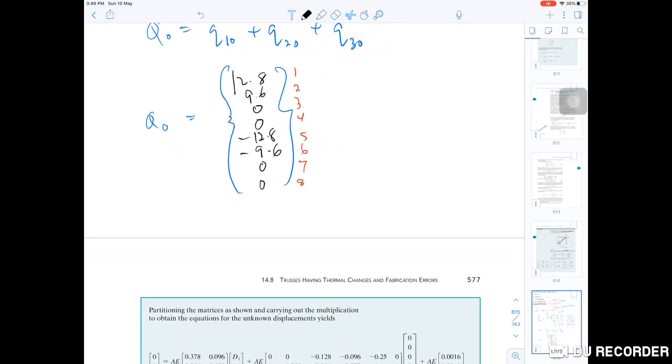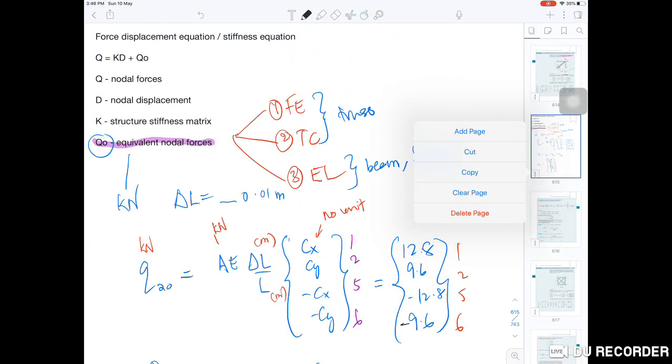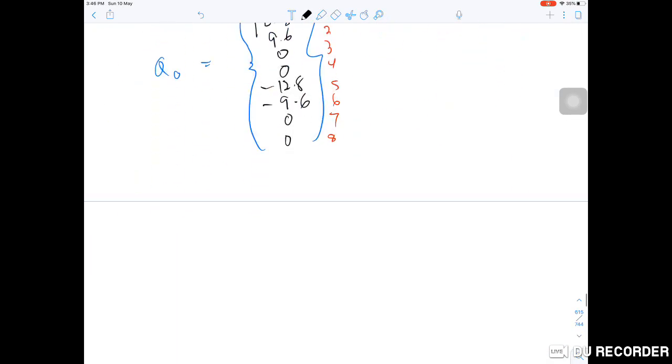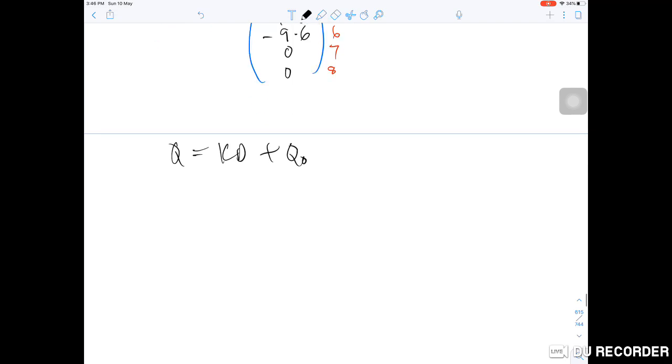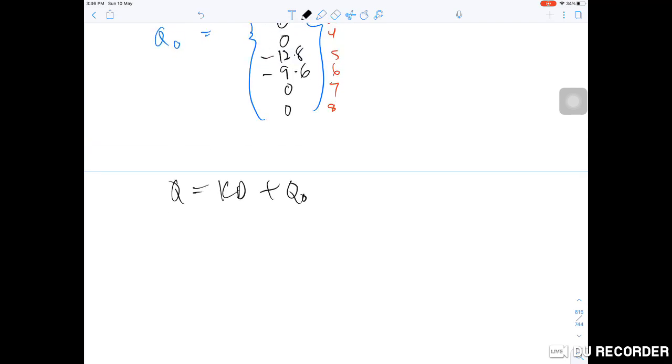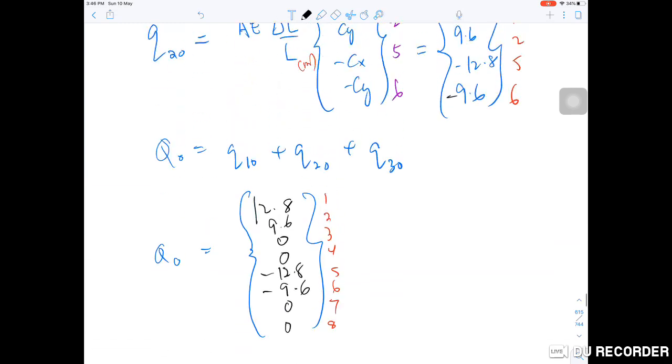So what to do next? If we want to determine the displacement considering this effect, the formula is Q equal to KD plus Q naught. We only consider the unconstrained system in order to determine the unknown displacement, so I have to write it back.